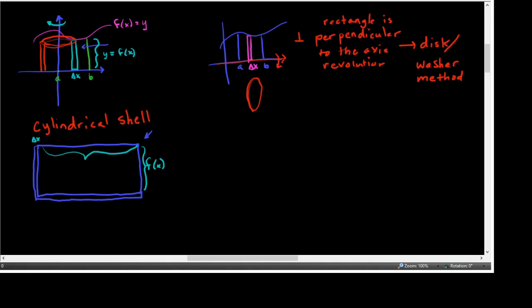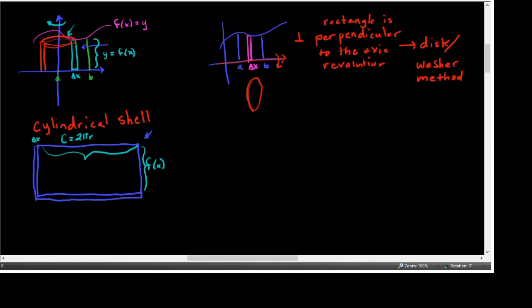And so that length is actually what we call the circumference of the circle up here. So there's a circle right there, and its circumference is what we're finding down here to be the length of this rectangular prism. And you should know that the circumference of a circle is 2 pi r.